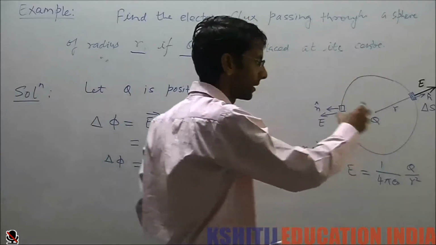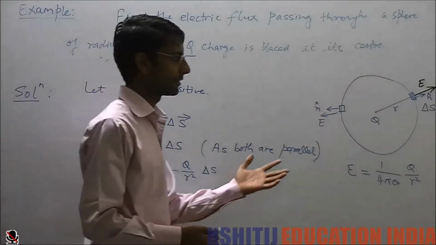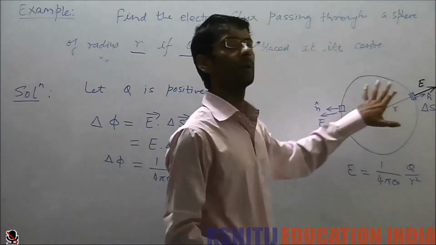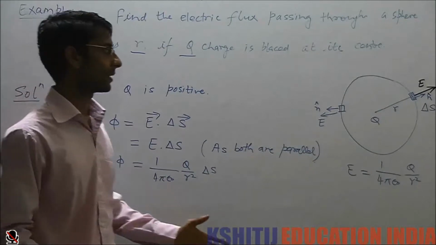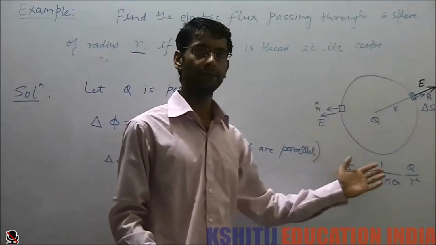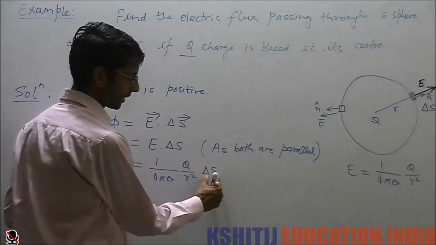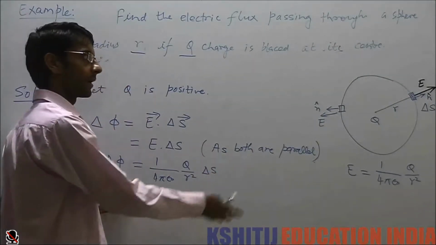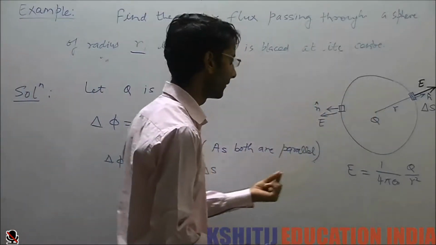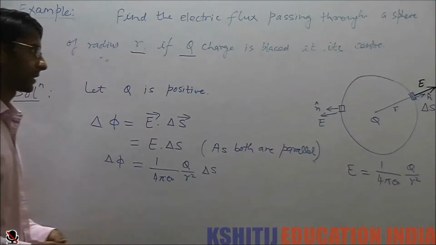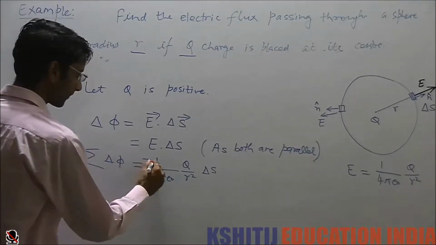Now if we integrate this, or in other words, if we add all these differential surface areas of this sphere, after addition of all these we will get the net flux that will pass through this sphere. Because this is the flux passing through this delta S surface. If we add all such differential elements across the surface, we will get the net flux passing out.